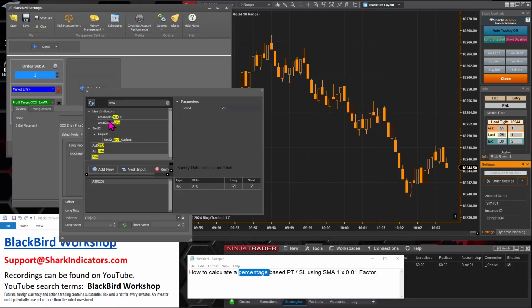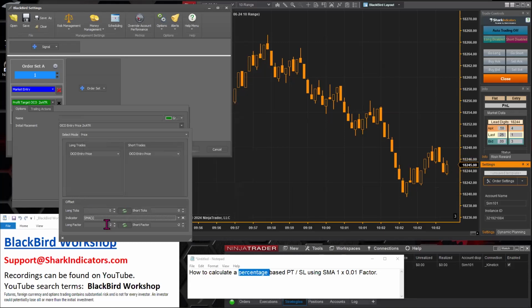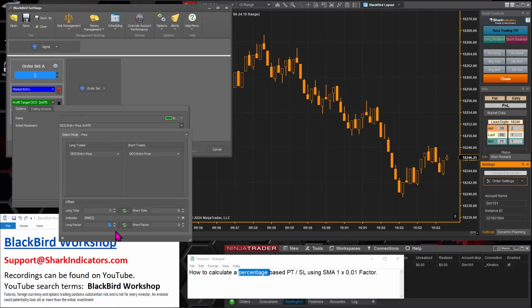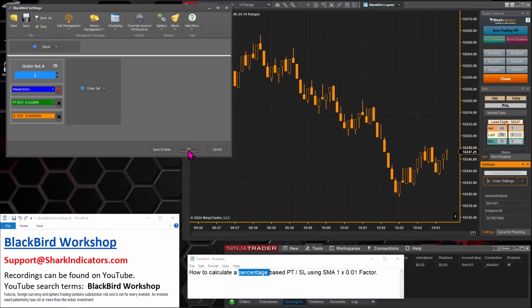The SMA is already in my search box, so double click on that and add it down there. Remember to change the period to 1. And then let's do a 1% profit target there. And there we go. Click OK.